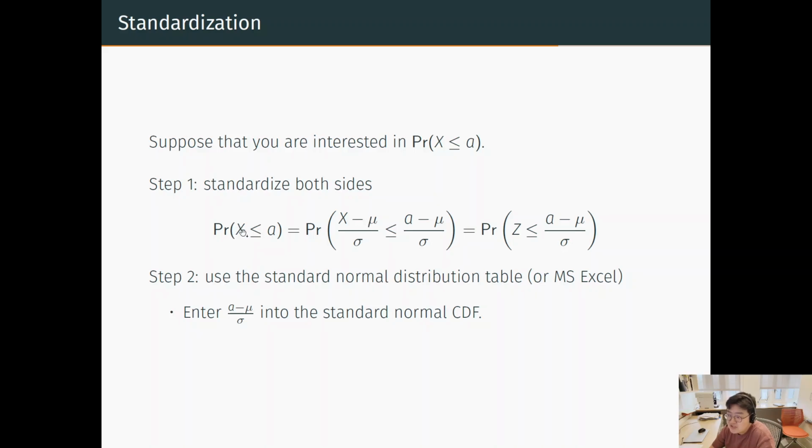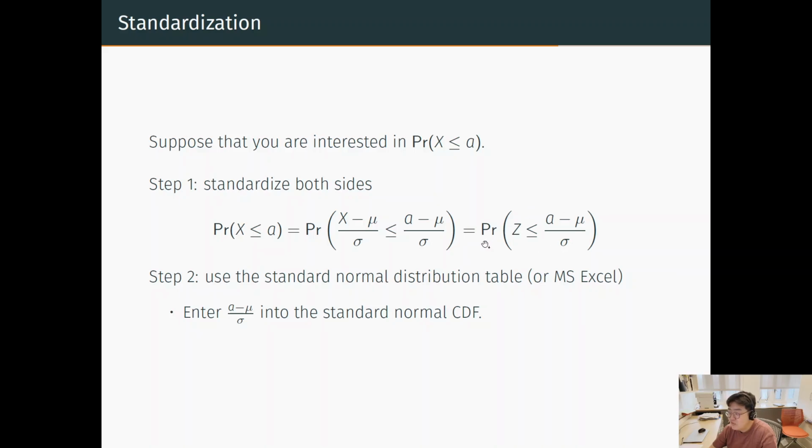When you transform X like this, you must transform A with the same transformation so that the inequality does not change. Okay? In this way, the left-hand side of the inequality is the standard variable z. The right-hand side is what you need to calculate.